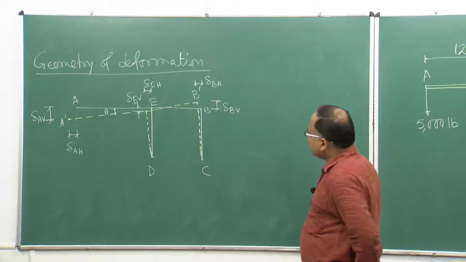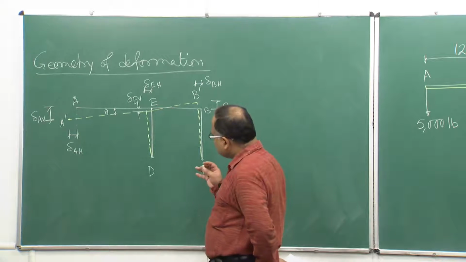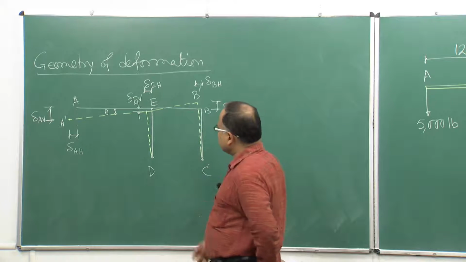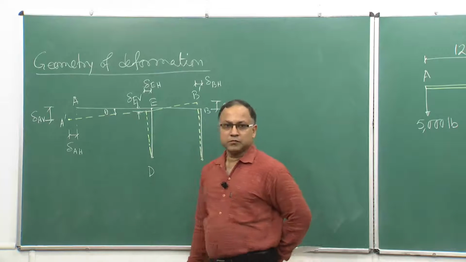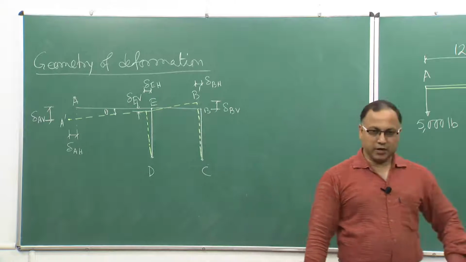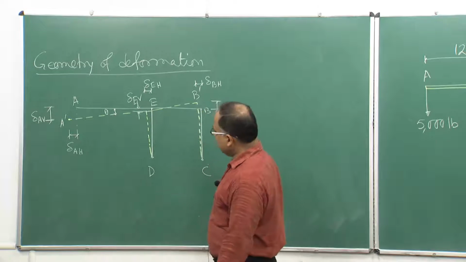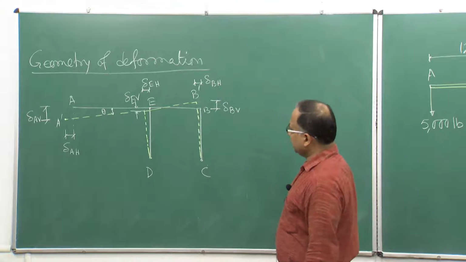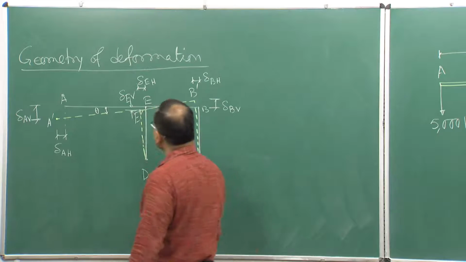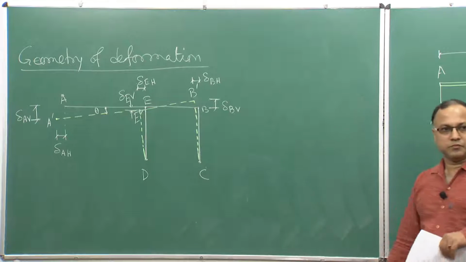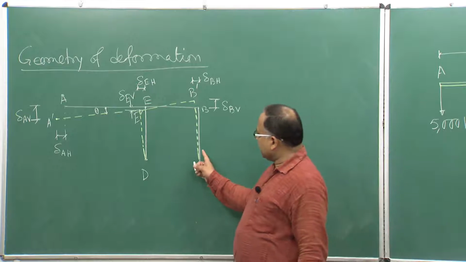Now, if you look at this figure, and want to find out the deformation or the movement, AEB, the stiff member, is taking the position A prime, E prime, B prime. So, you are just observing some rotation here, right.